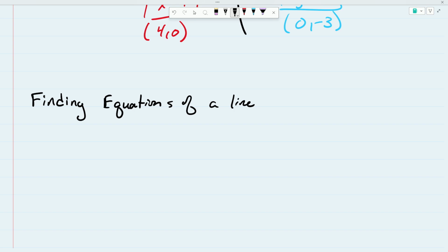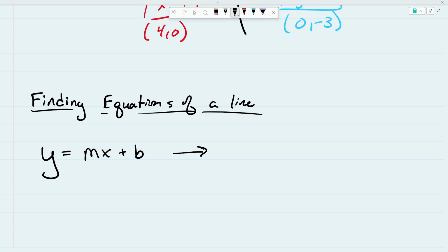The first one is probably the most important, because it's the one everybody remembers. y equals mx plus b. I'm sure many of us remember this. This has a very special name, though. This is called slope intercept form. And it gets this name because we can easily identify what is the slope and what is the y-intercept.